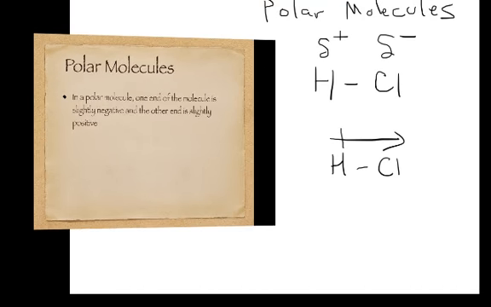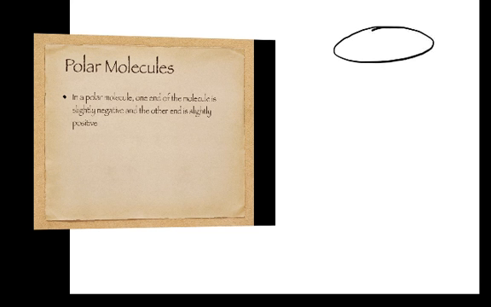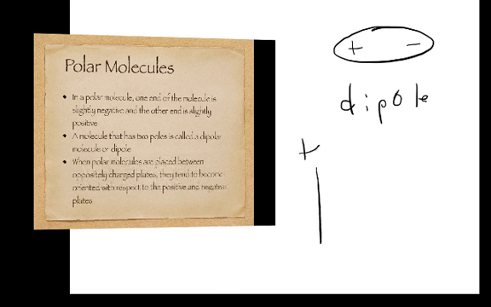Now you can also have a molecule which is polar. In other words, it has one end which is positive and one end which is negative. It's known as a dipole, and it can be put in a field where you've got positive charges and negative charges, and it will line up in such a way that the positives will be towards the negative side and the negatives will be towards the positive side.